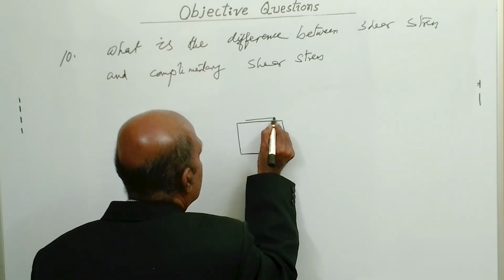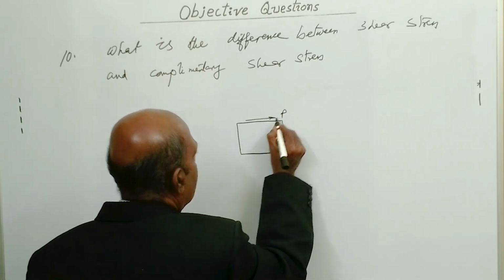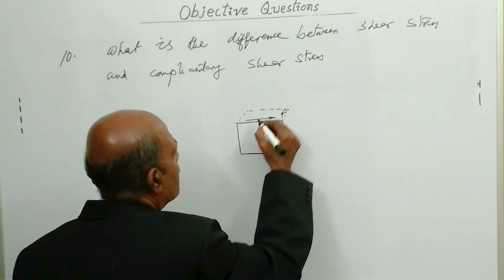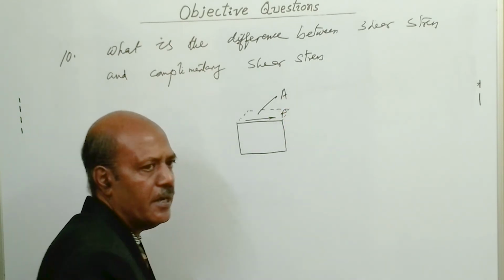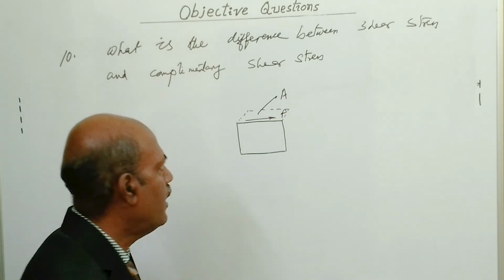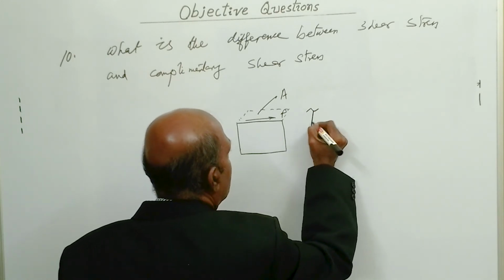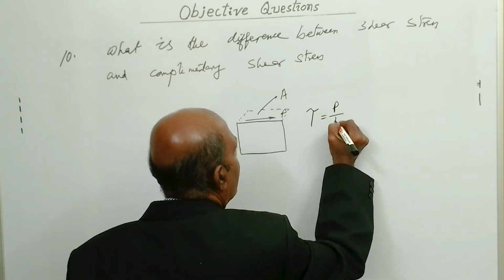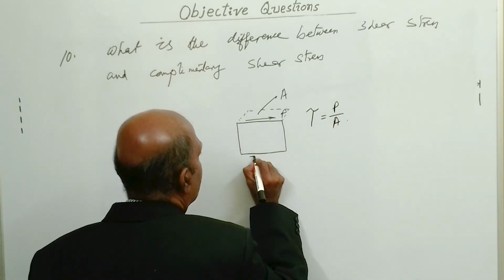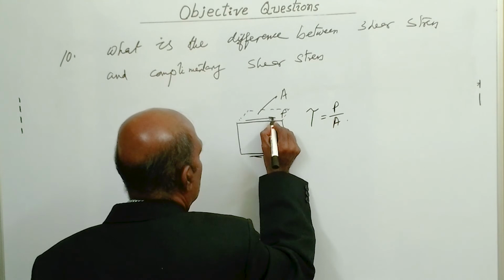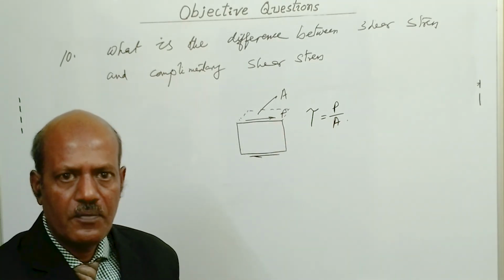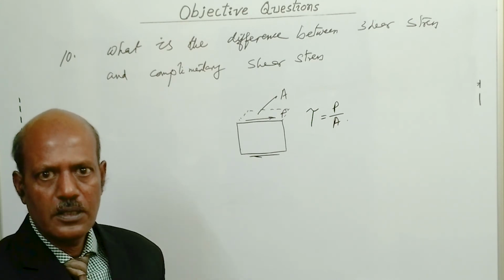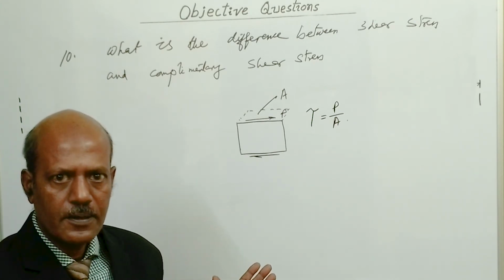Say P load is acting over this surface, whose cross sectional area is A. Then the shear stress produced in the body is given by P by A. So P is the shear load acting over the body which causes shear stress in the body.